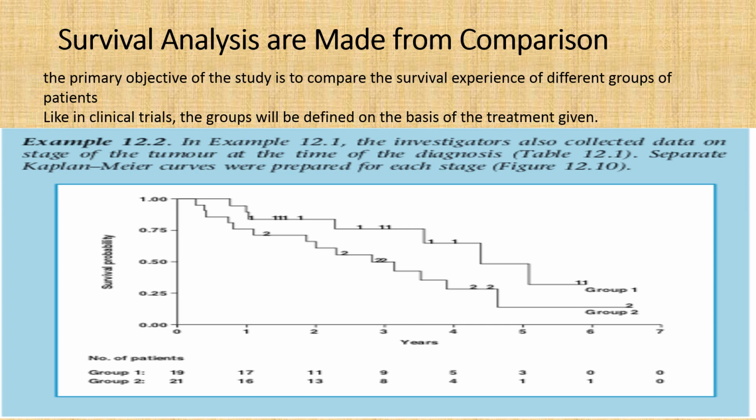That means group 1 individuals have a longer survival duration, a better surviving chance as compared to group 2.